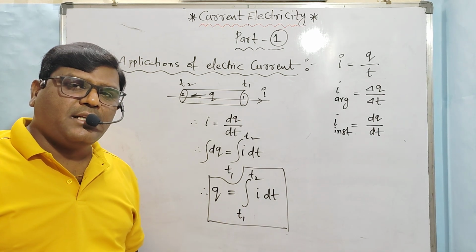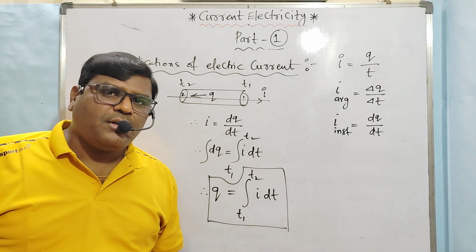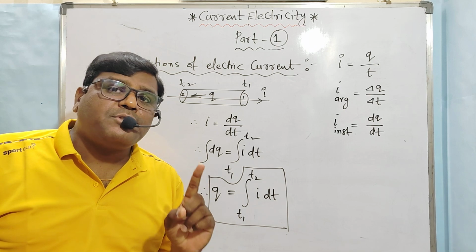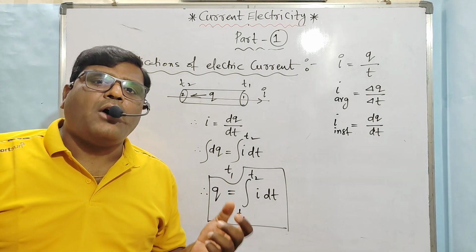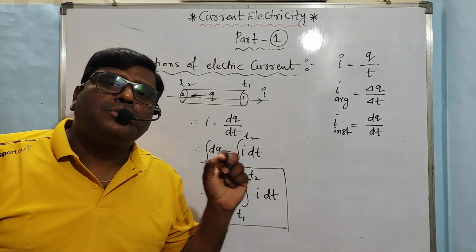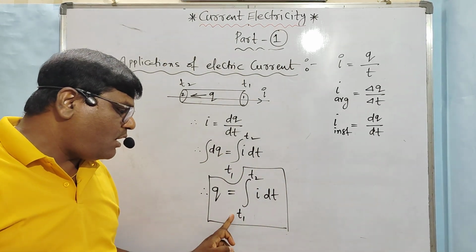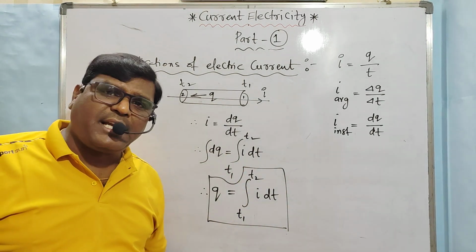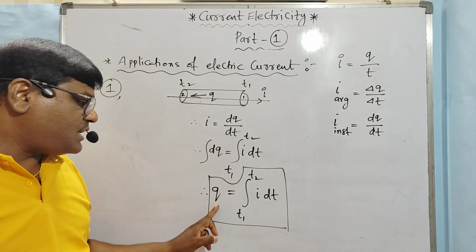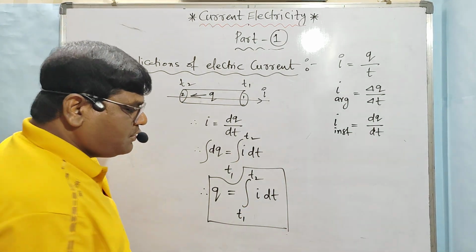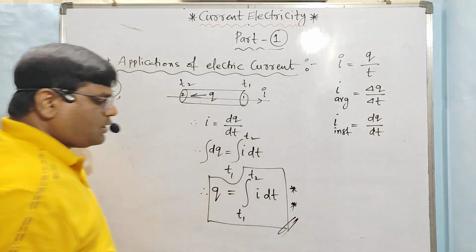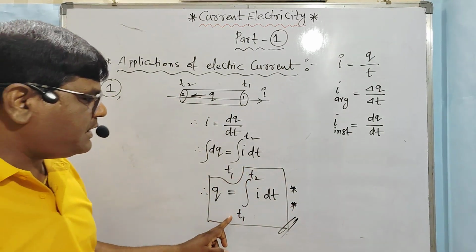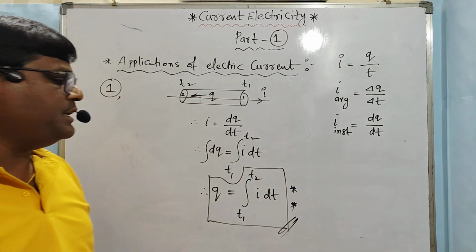Understood, all of you? Current is given in terms of time and they are asking how much charge is crossing through that conductor in a time interval of t1 to t2 seconds. To find the charge, this formula is useful. Most important, q is equal to the integration from t1 to t2 of I into dt.